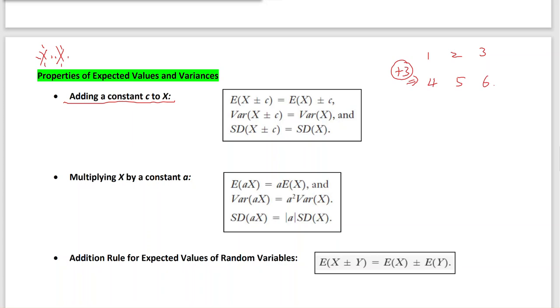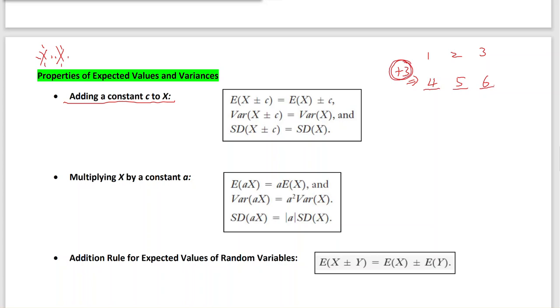Then let's think about what will happen to the expected value. We say the expected value, the mean, is kind of a weighted average, right? So if you add 3 to each outcome, that means your average will also increase by 3.